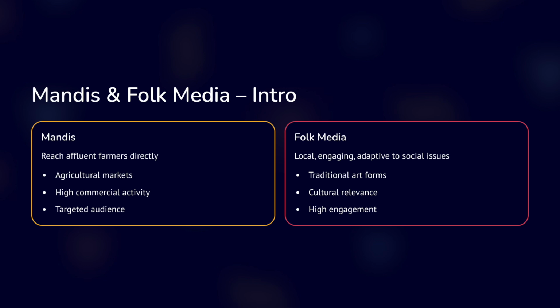Finally, we came to folk media. This category includes folk music, folk dances, and other stage performances such as street theatre, magic shows, and puppetry. These are all an integral part of India's rich history and cultural legacy. Importantly, folk media forms are adaptable.